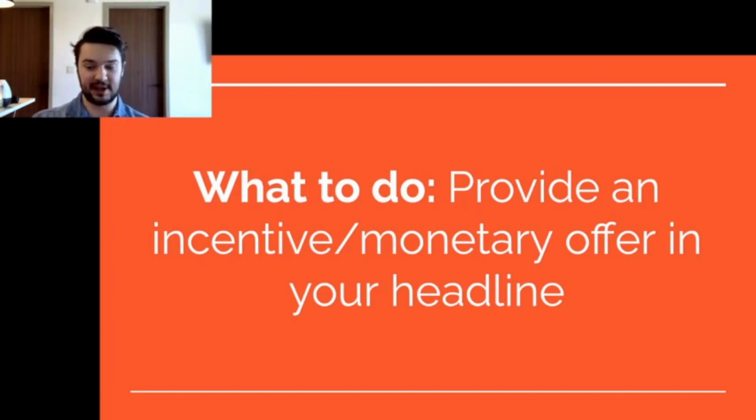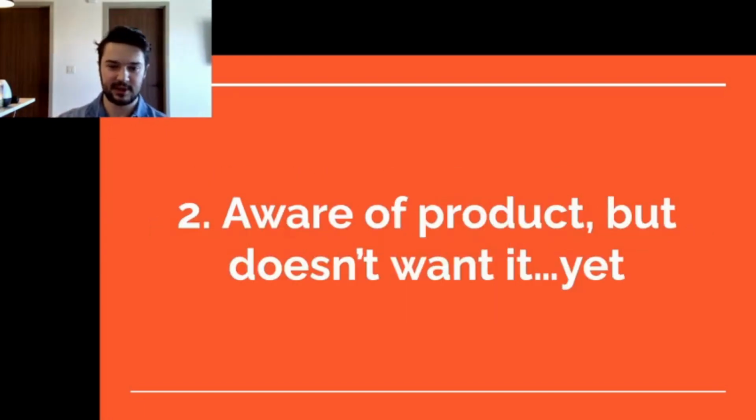Usually it's going to be monetary, an offer in your headline when you're creating your ad, right? So you're just going to give them a little sale, a little offer, free shipping. One always does very well. Throw in a little bit of a gift in there, whatever it may be. That's all you're going to have to do when you're dealing with this most aware stage of customer awareness. And that's, of course, usually going to be bottom funnel sort of advertising.